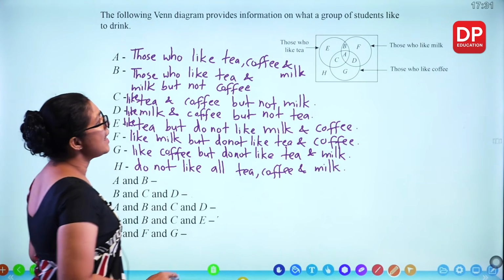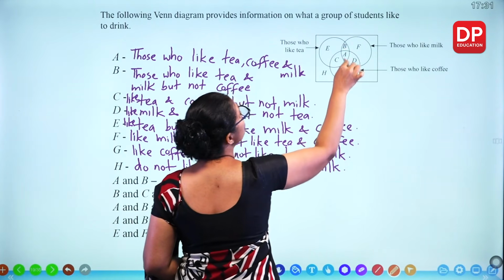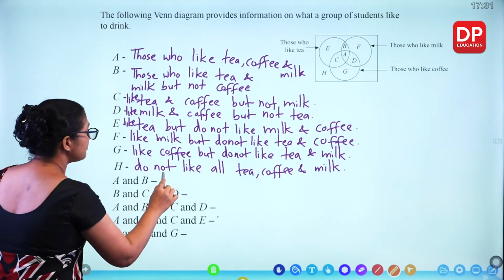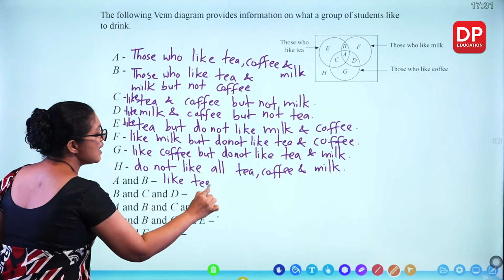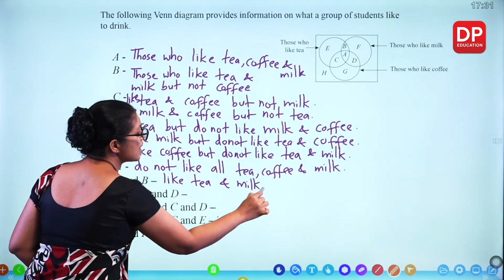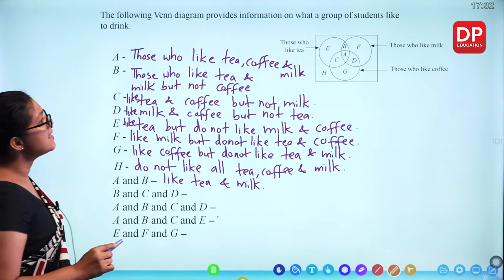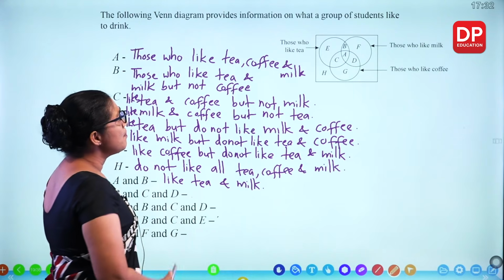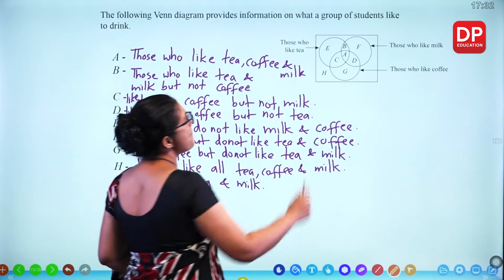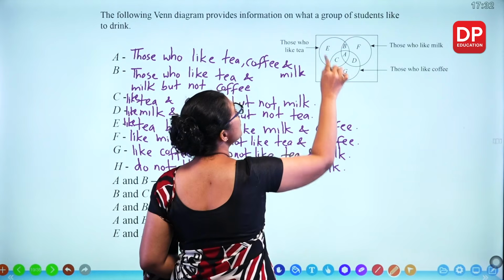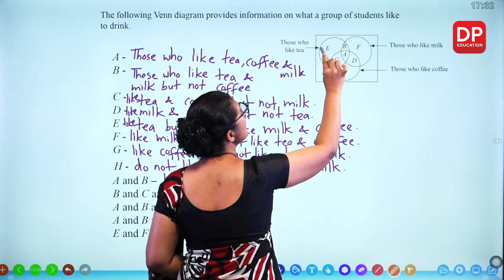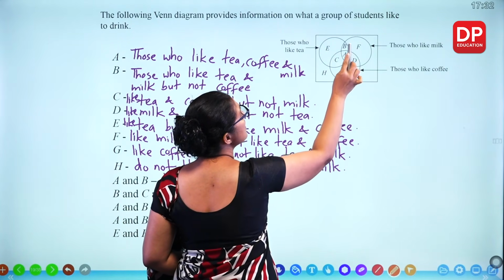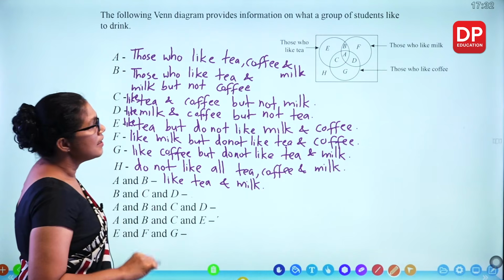A and B. A and B means both these two. So they like tea and milk. What about B and C and D? Here that means only like two things. This one is tea and coffee, this one is tea and milk, this one is milk and coffee.